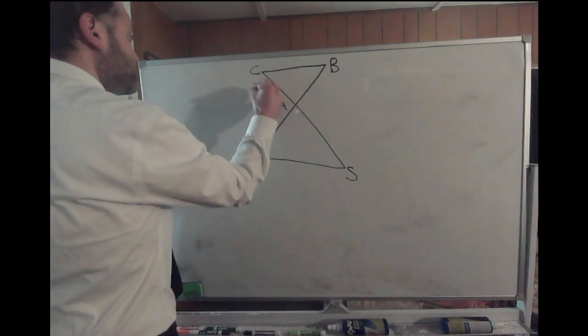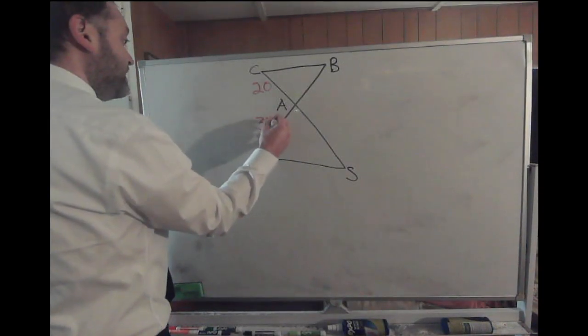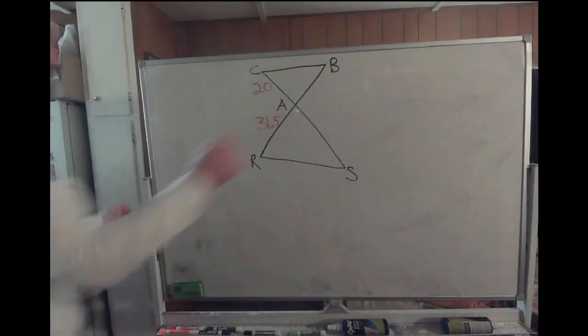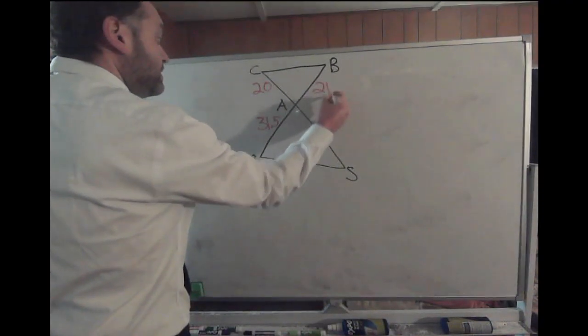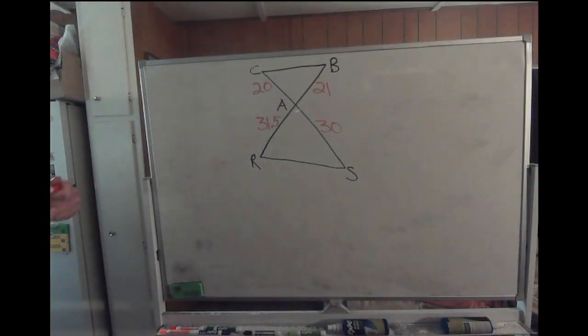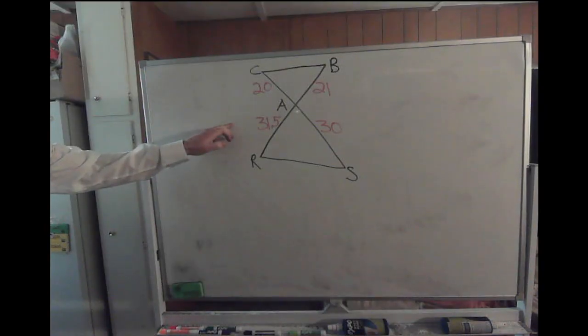This side is 20. This side is 31.5. This side is 21. This side is 30. Okay, so to start with, in each of the triangles we're given two sides.